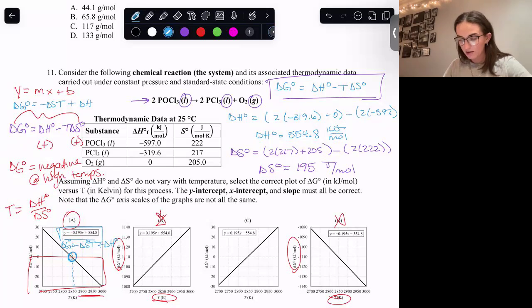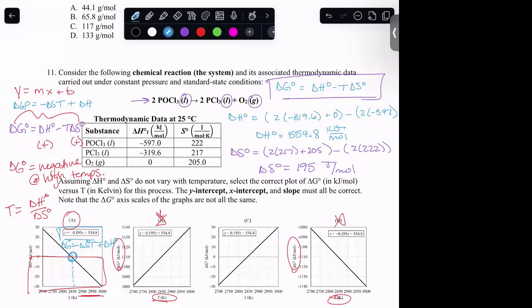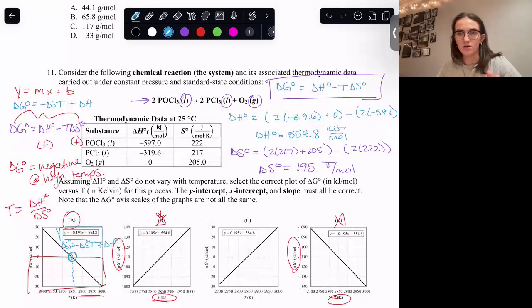If you solve for delta H and delta S, you could always plug in a temperature into X, because that's your X on your X-axis here, and see if you get 0 for delta G. Or if you pick a really high number, plug in a really high temperature and see if you get a negative for delta G. That's just proving that your line is in the correct spot on your graph. Thank you. Yep. Any other questions there?